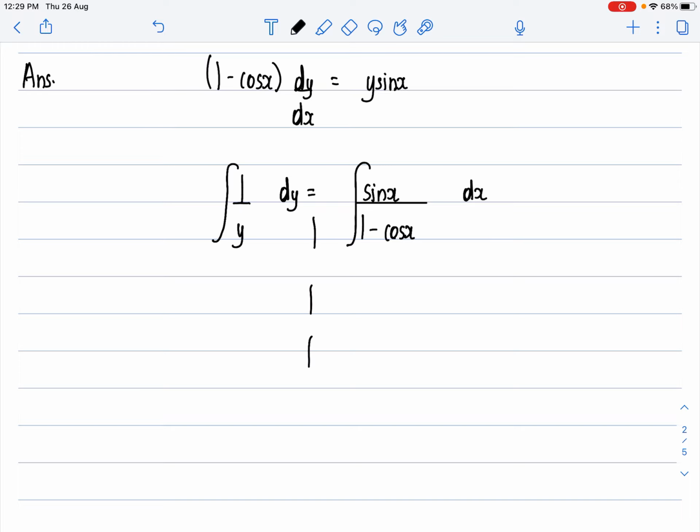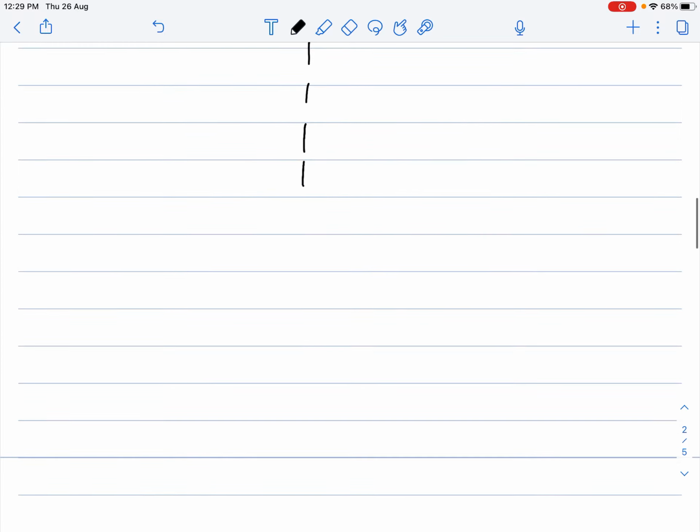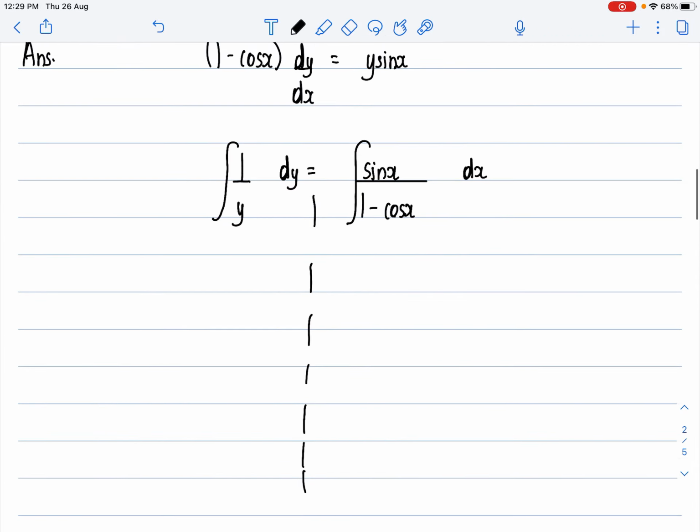I'll make a line in the middle. The integration of 1 over y is simply ln y. Simple. Now I have the integration of sin x over 1 minus cos x.